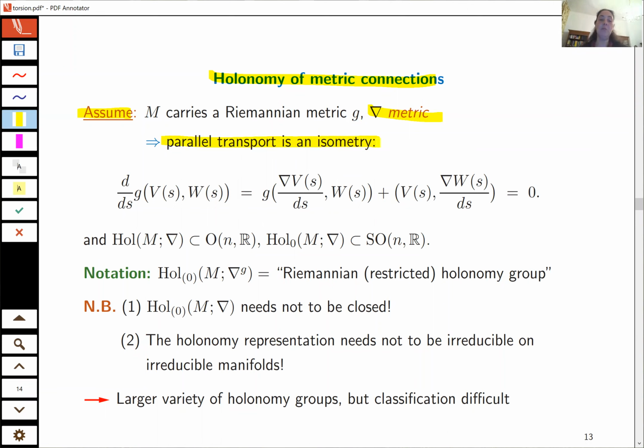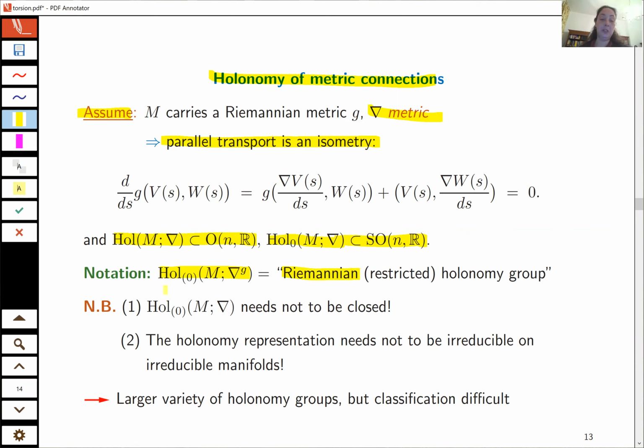And therefore the holonomy group of my connection is not going to be a subgroup of GL(n), as I had it on the previous slide, but it's going to be a subgroup of O(n), because it's the group generated by all parallel transports, and its reduced part, the component of identity, is a subgroup of SO(n). So from the point of view of notation, the holonomy of the Levi-Civita connection I am going to call the Riemannian holonomy group.